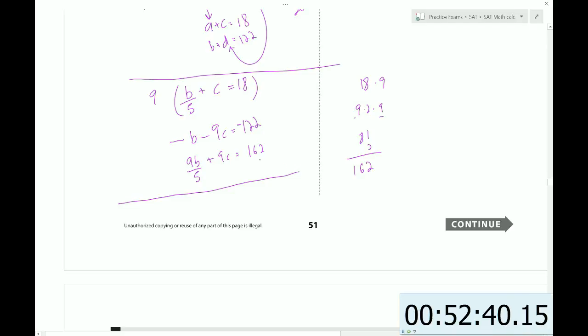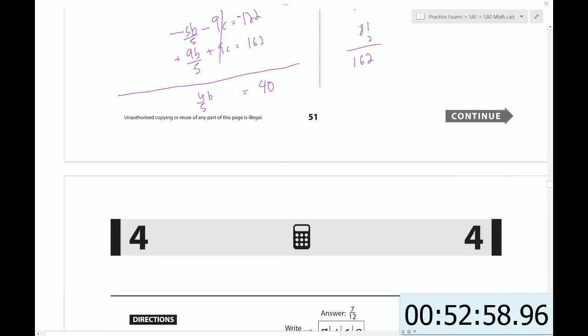So I add the right sides, and that gives me, I think, 40, right? Adding these cancels them out. And this I can make 5 over 5 b here, negative. So 9/5 minus 5/5 is 4/5 b. At this point, I can move the 5 up, and I can move the 4 down.